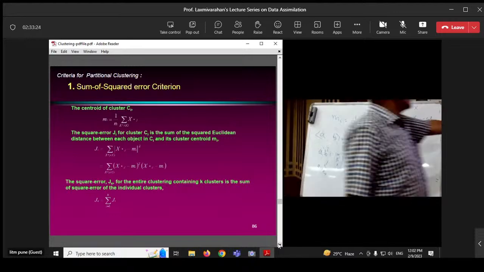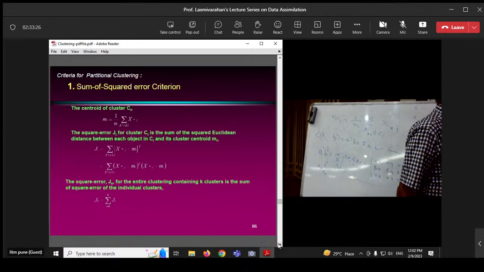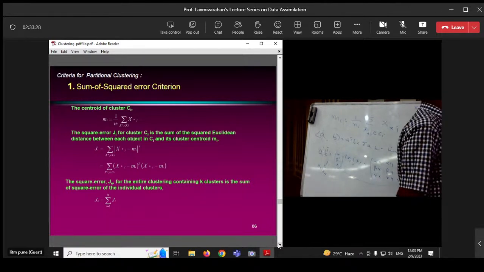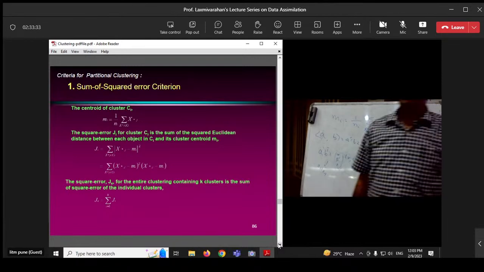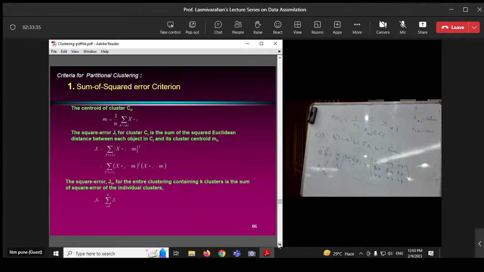So the square error Je for the entire clustering containing K clusters is the sum of the square errors of the individual clusters. Je is equal to the sum of all the Jis, i running from 1 to K. So this is one measure that characterizes the mathematical behavior of the clusters.